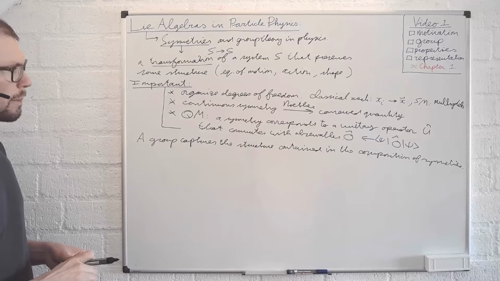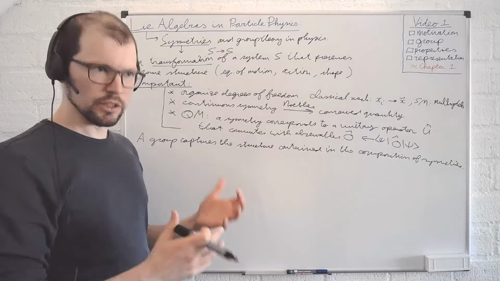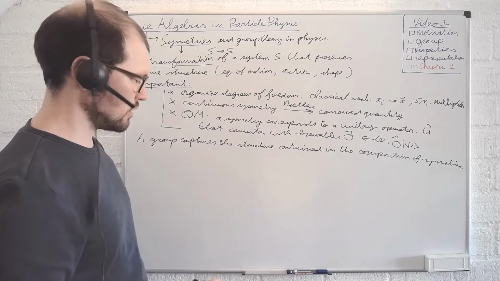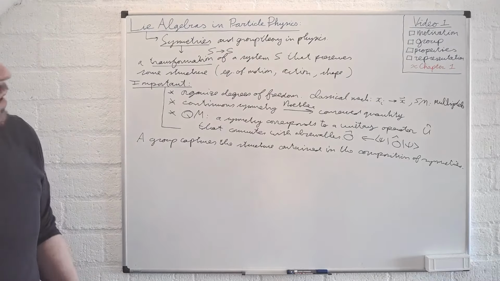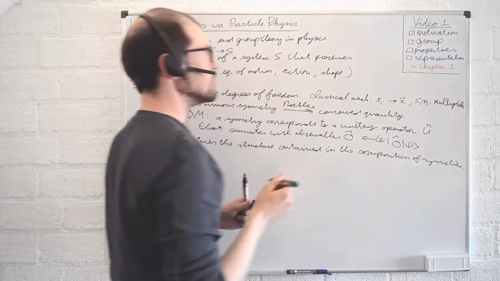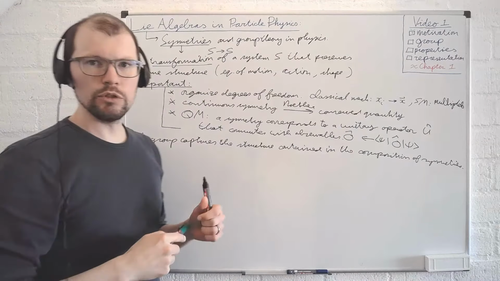And we really want to get the most out of this structure. And for that we really have to go into the abstract definition of groups and properties. So this concludes the motivational part of this lecture, and now I really want to move to the mathematics.